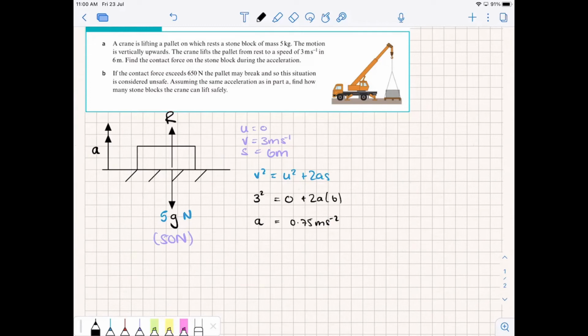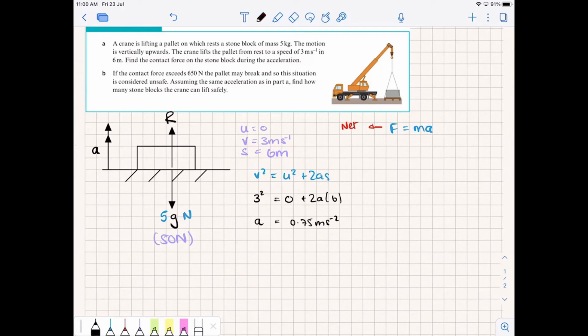Now that I have the acceleration, I can work out the forces, all right? And we're just going to use force is equal to mass times acceleration. This over here is the net force, it's the combined force. So when we are looking at net forces, we add the vertical components together.